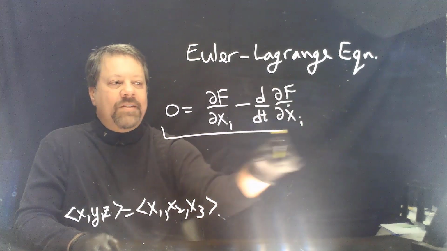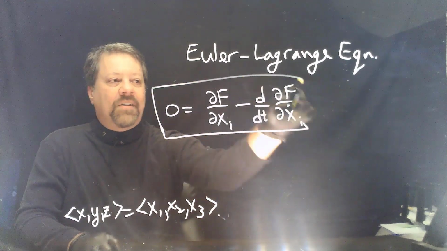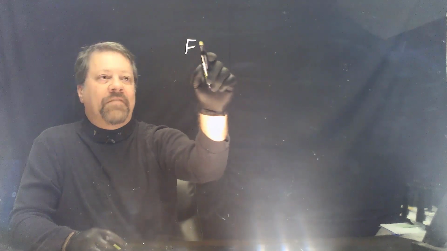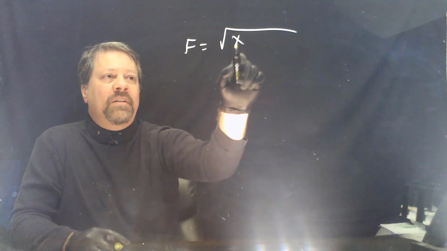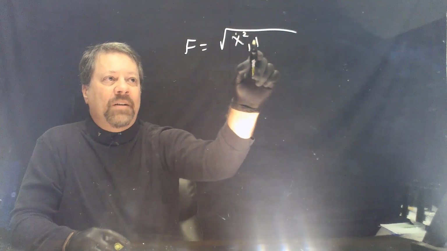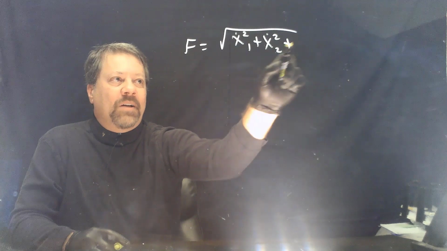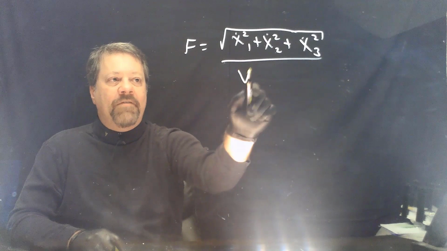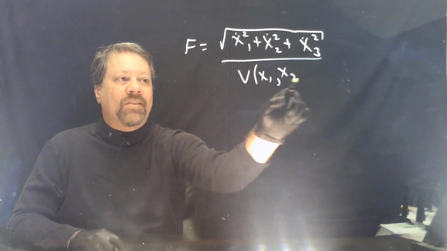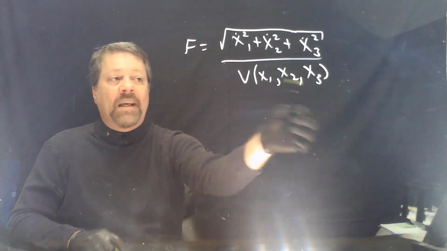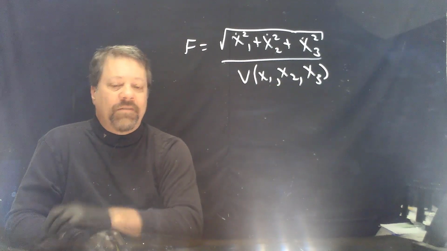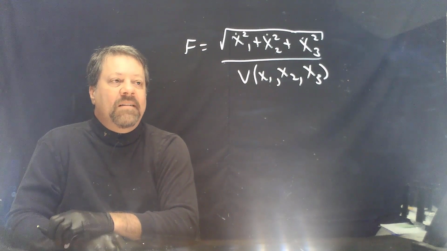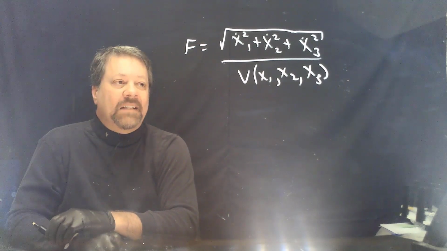This will give us 3 equations that we'll have to solve instead. So if my function f is the square root of x1 dot squared plus x2 dot squared plus x3 dot squared divided by v, which is a function of x1, x2, and x3. This will be the speed of light at different heights, which you might be able to come up with a formula for on theoretical grounds from the beginning.